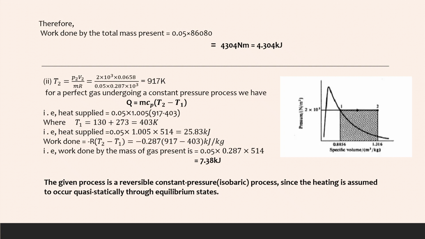We get heat supplied as 25.83 kilojoules. Temperature T1 is 403 Kelvin. Work done is calculated as minus R of T2 minus T1, which gives us 7.38 kilojoules. Therefore, the process is concluded to be a reversible constant pressure process.